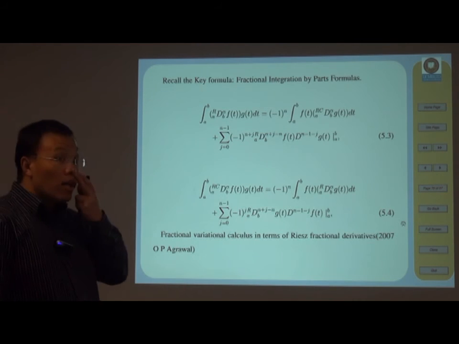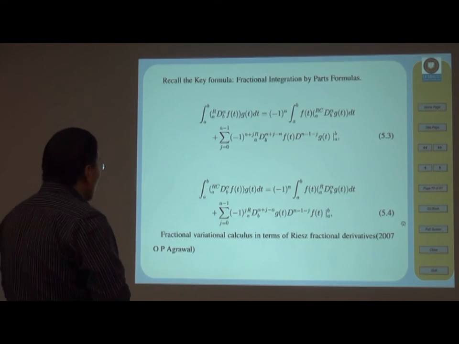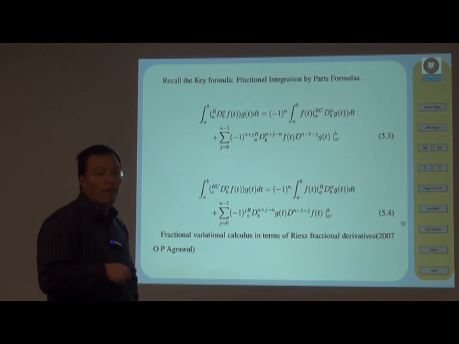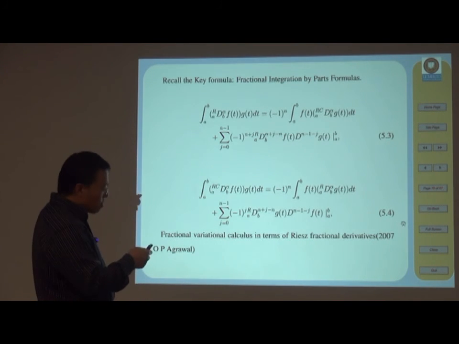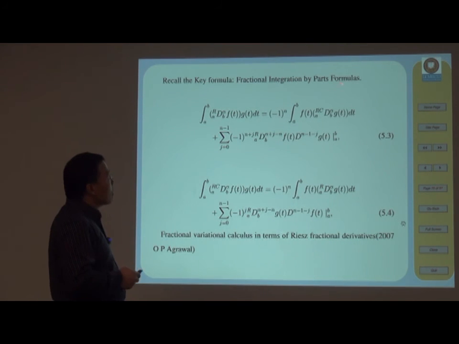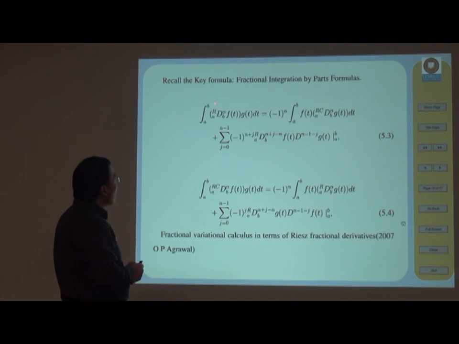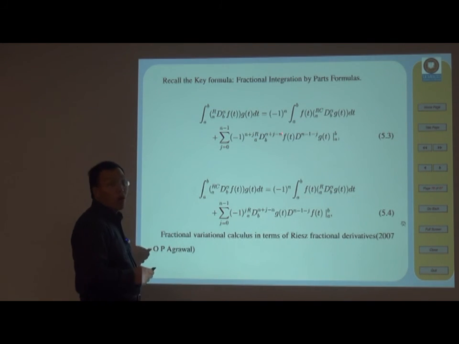And when we establish the variational method for the fractional equation, the key formula is the integration by parts formulas. Here, for the Riesz derivative, the integration by parts formulas also hold.